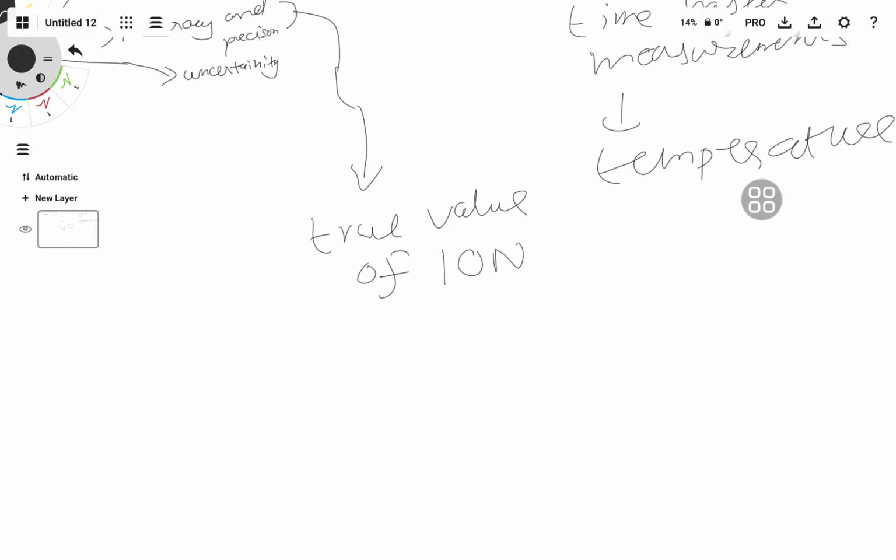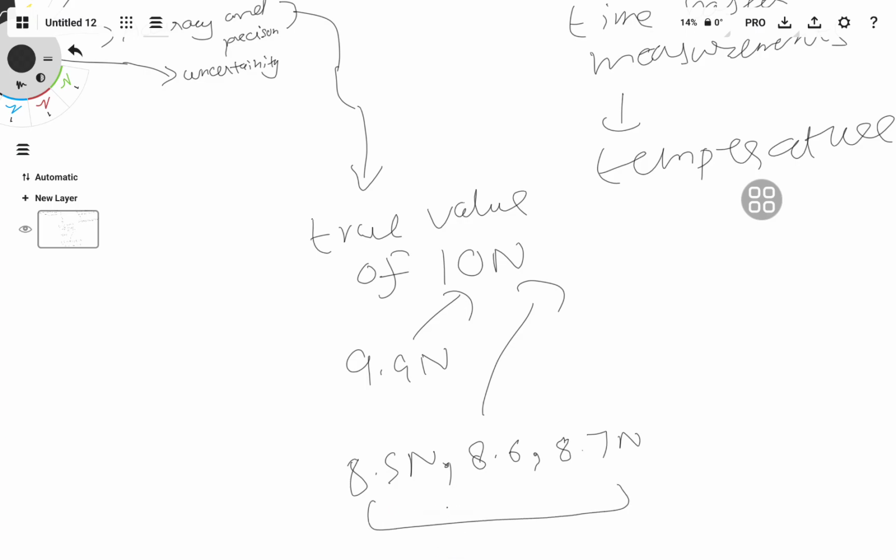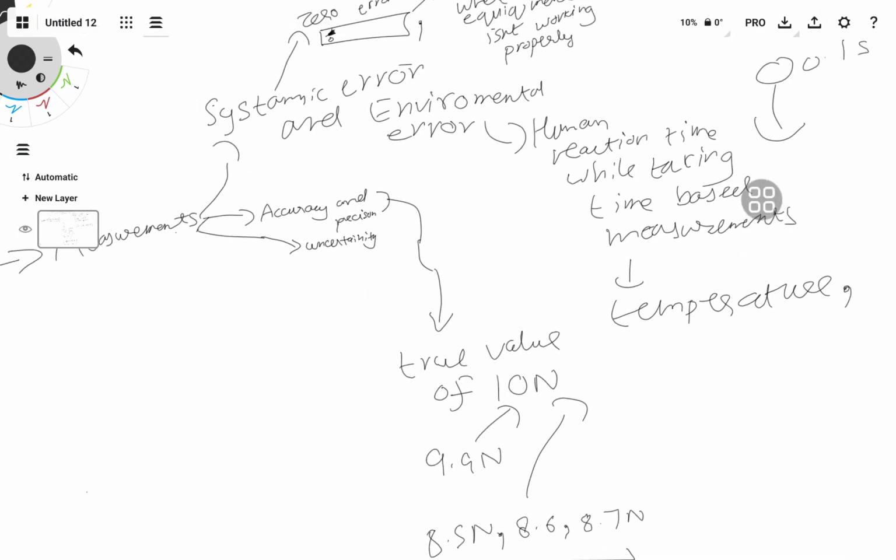When we measure it using some kind of scale, if we get 9.1 Newton, then it is accurate. But if we get 8 Newton, 8.5 Newton, 8.6 Newton, 8.7 Newton, these are not accurate while they are precise, because they are close to each other but not close to the true value.